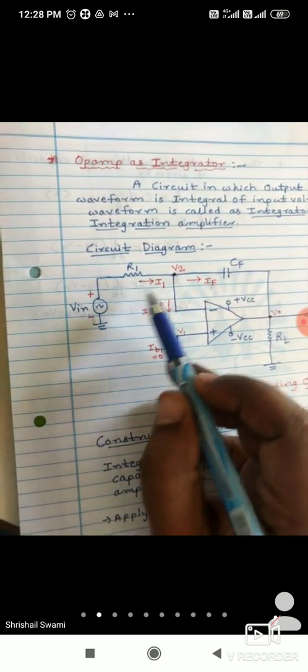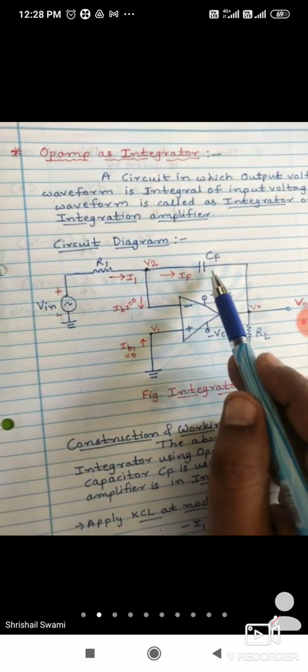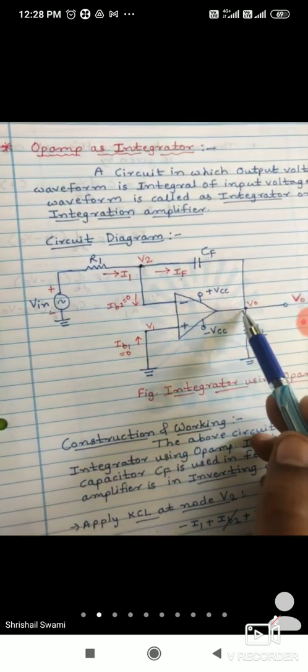And the voltage across the capacitor is V2 minus V0. Are you getting my point? So from equation number 1, IF is equal to I1, so IF is replaced by I1 here.